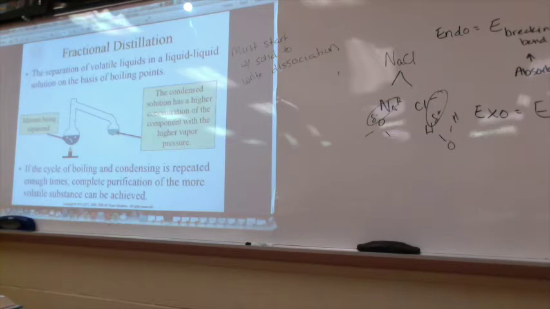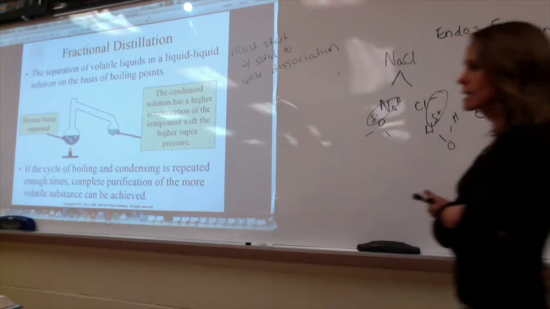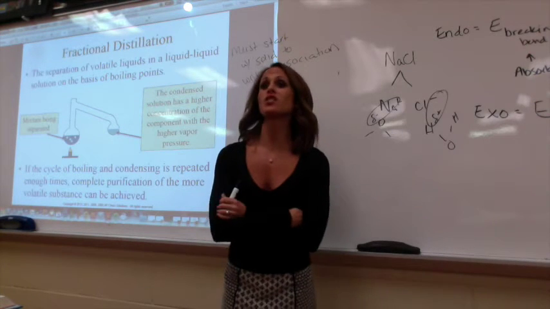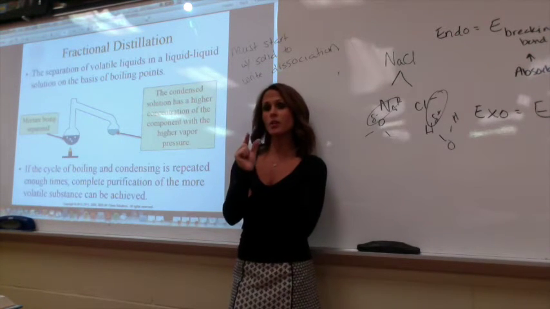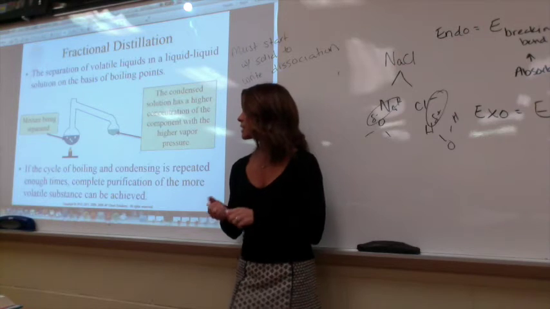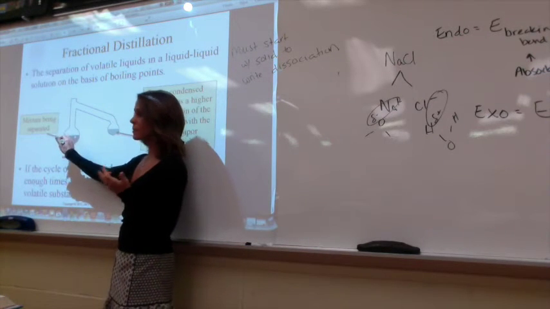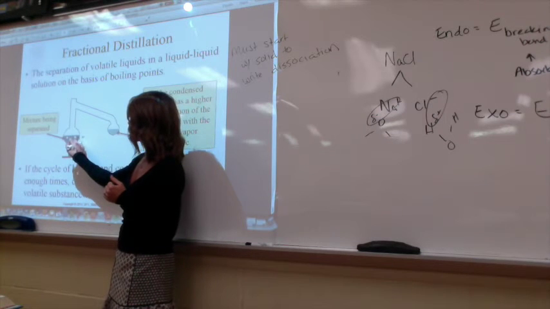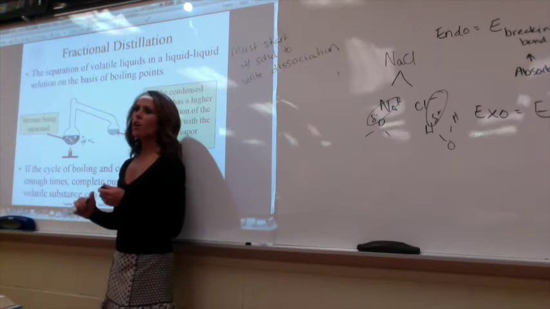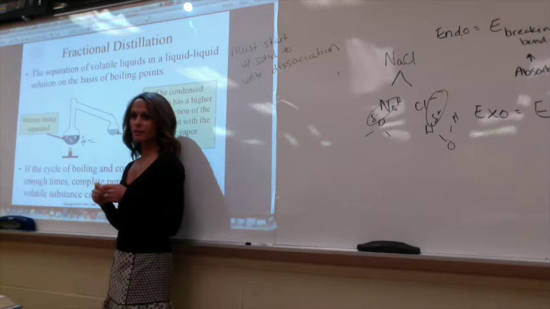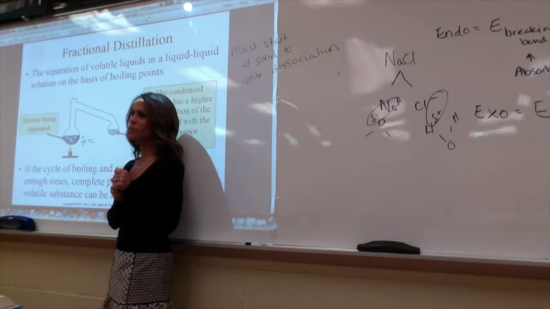Okay. All right, fractional distillation is just basically like distillation, except fractional meaning you're taking individual parts of a component. So inside this round bottom flask, you have multiple substances. So you say you have A and B and C. They all have different boiling points, right? Every molecule has its own boiling point based on intermolecular forces. So you heat it up.